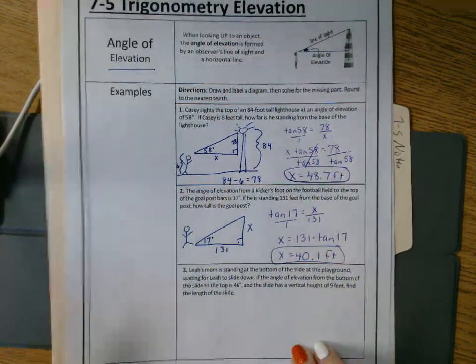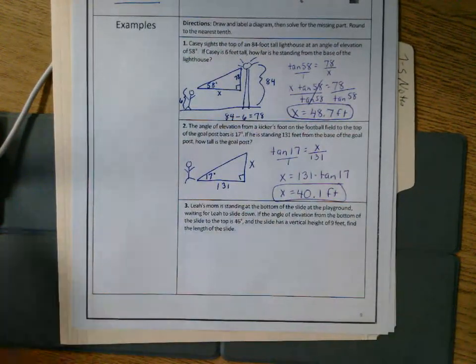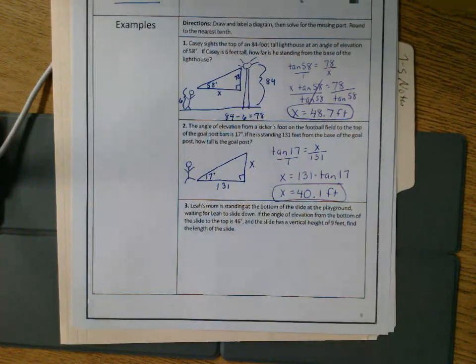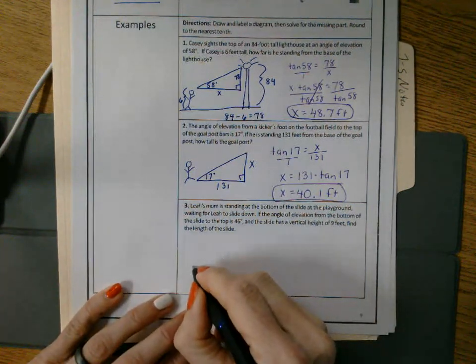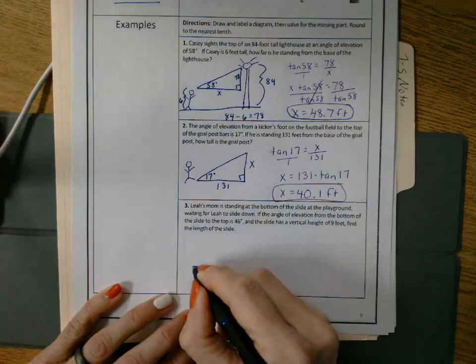Okay, number 3. Leah's mom is standing at the bottom of the slide at a playground, waiting on Leah to slide down. If the angle of elevation from the bottom of the slide is 46 degrees and the slide has a vertical height of 9 feet, find the length of the slide. Okay, so we got the mom down here at the bottom of the slide.